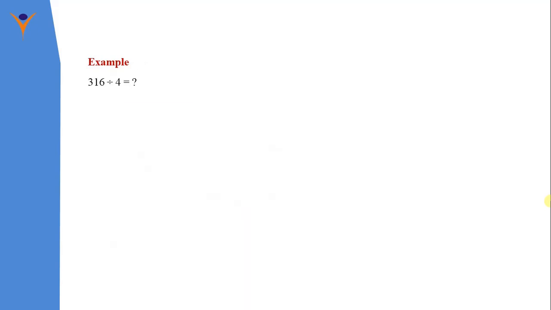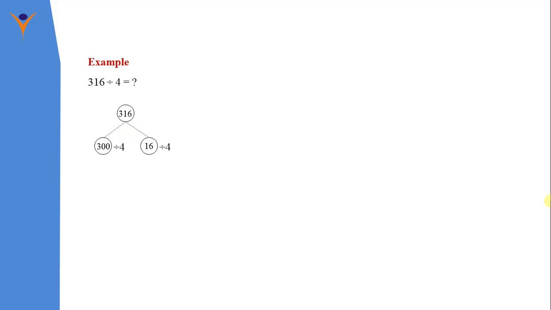Here is another example. It says 316 divided by 4. You can use the partitioning method. To do this, we can partition this number into 2 parts as 300 and 16. The reason is because 300 is divisible by 4 and 16 is also divisible by 4 without remainders.